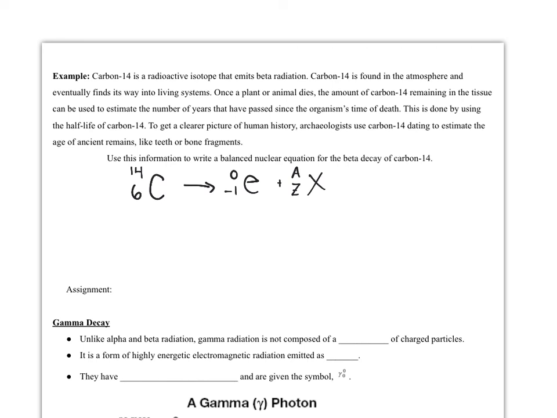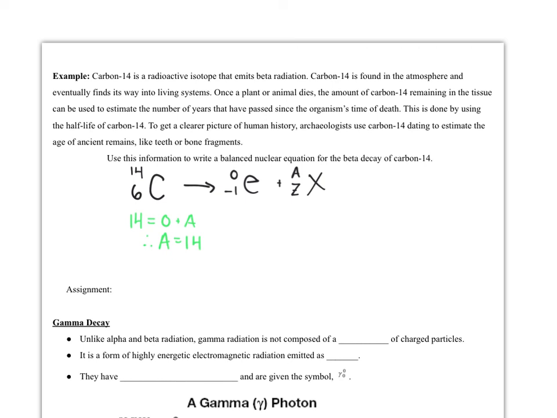So to calculate A, I'm going to say that the mass number in the reactant side was 14, and the total mass number in the products must be the same, so 0 from the electron plus A. From that equation, we can clearly see that A is equal to 14.